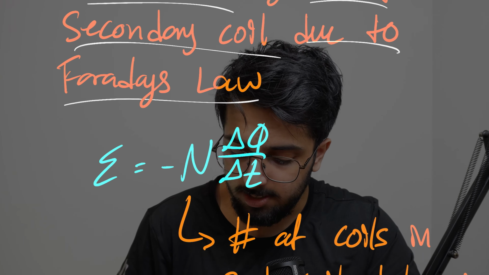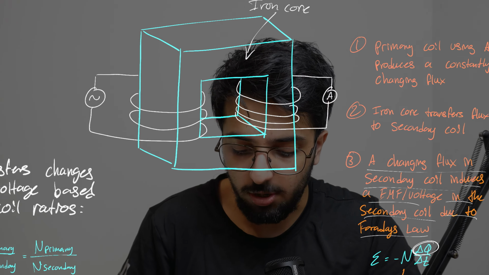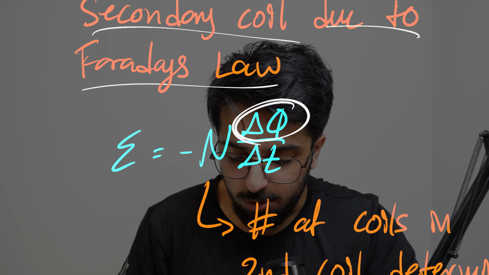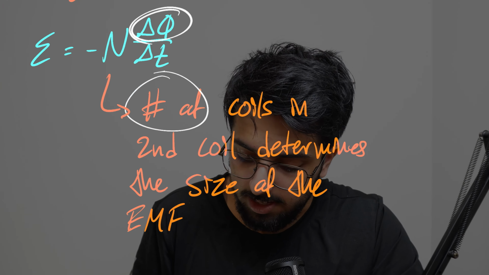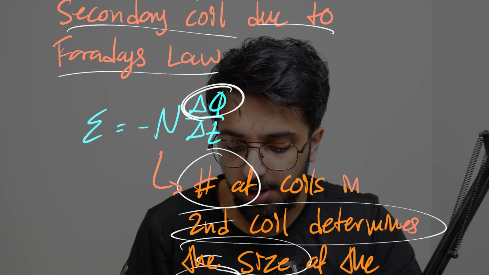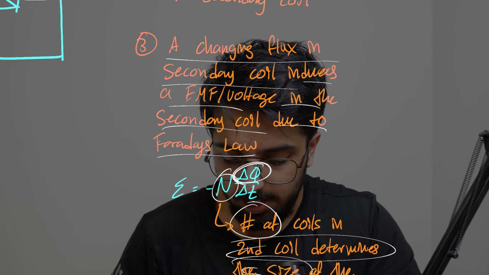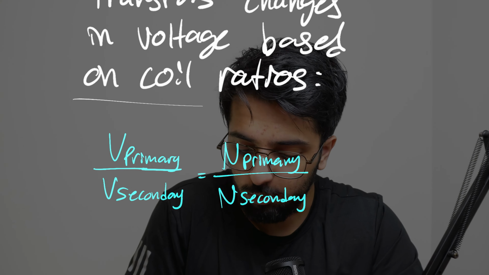Essentially it says that whenever we have a changing flux, which is what we do have due to this alternating current, we will have an induced EMF being produced, okay? And the number of coils in the secondary coil determines the size of this EMF, right? And that is our N value right here, okay? So the equation that we use to change our voltage is based on the coil ratios, okay?